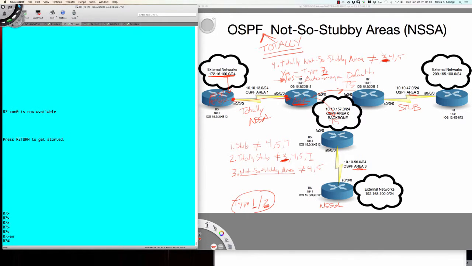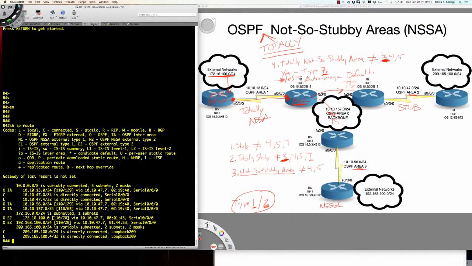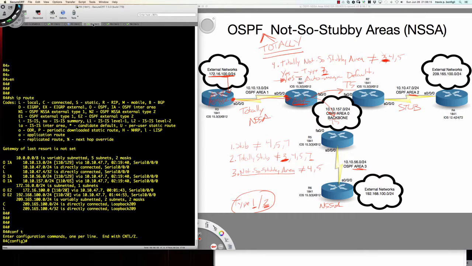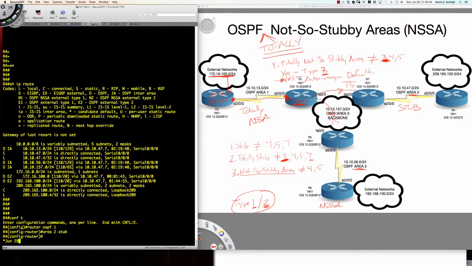Well, let's find out. So we'll go into global config, router OSPF 1, and I'm going to say area 2 stub. And then let's jump onto router 4, and we're going to say configure terminal, router OSPF 1, area 2 stub.